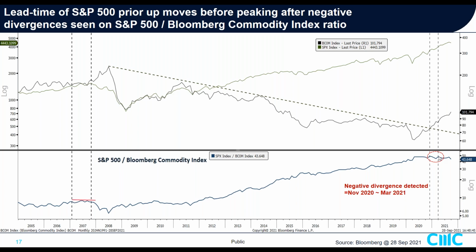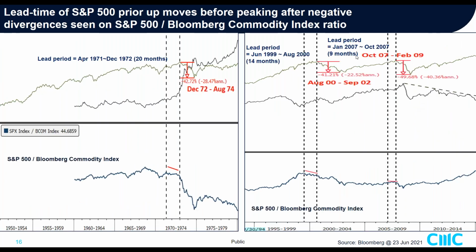So from March 2021 until now, which is September, that means from the end of March, start of April, until end of September now, it's 6 months so far. So it's approaching pretty soon the lowest one, which is 9 months, after 14 months.